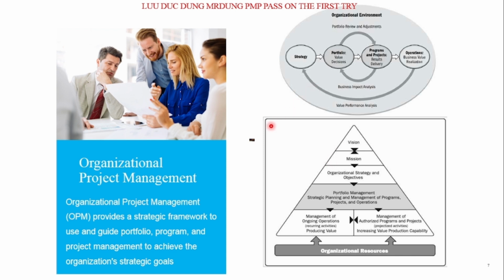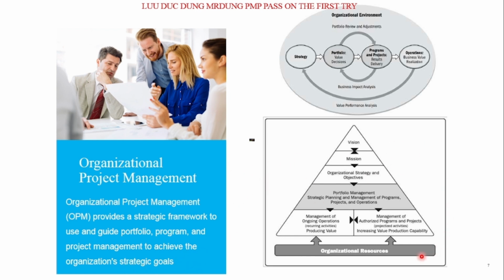Next, we have organizational project management. Organizational project management (OPM) provides a strategic framework to use and guide portfolio, program and project management to achieve the organization's strategic goal.